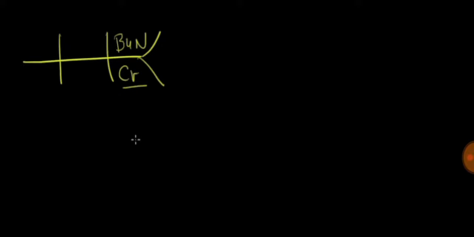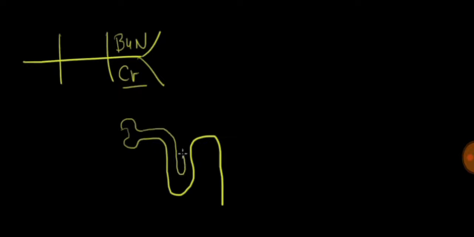So let's look at our nephron once again. That's the loop of Henle, distal convoluted tubule, collecting duct, and you've got the toilet down here.